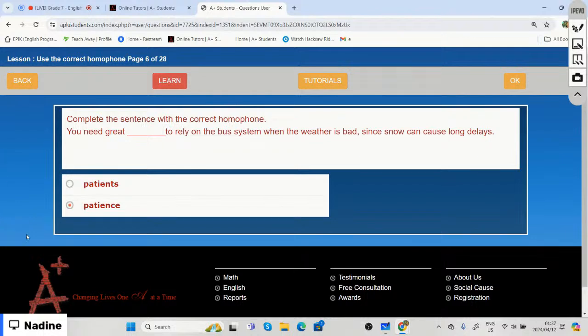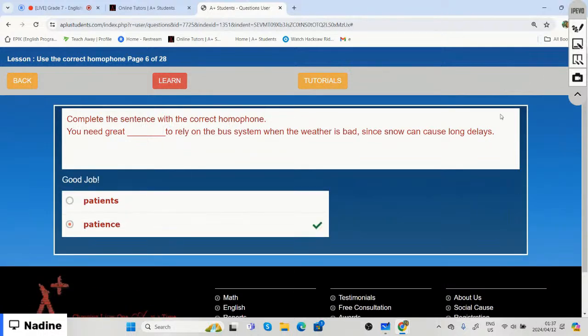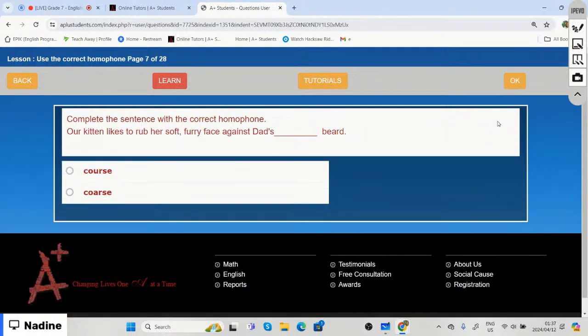All right. So patience. You need great patience to rely on the bus system when the weather is bad. All right, so patience, chill. That is what they mean with patience. You need to chill a bit.